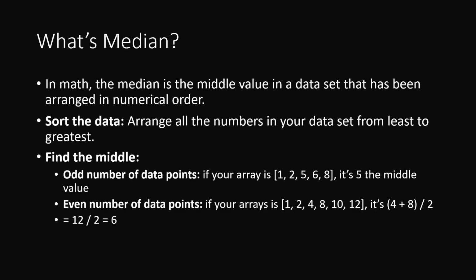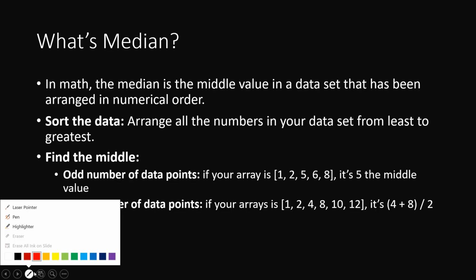We also need to consider the total number of elements the array has. In this case, our first array has 5 elements. That's odd, so the middle value can be calculated as 5 by 2, which is 2.5, and we'll round it up to 3. So the third element here is 5.